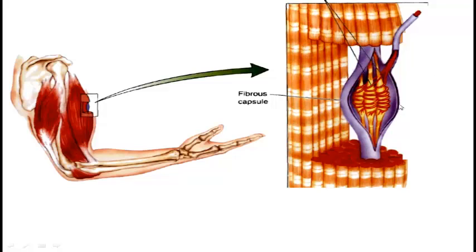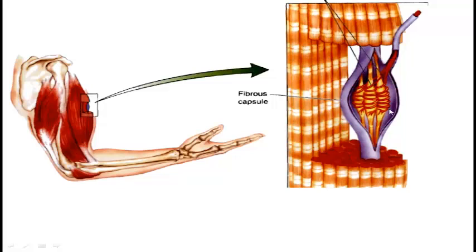The muscle spindle is present in between and parallel to the fleshy part of the muscle. Structurally, it consists of small fibers surrounded by a fusiform capsule. To differentiate the fibers of the muscle spindle from the fibers of the fleshy part of the skeletal muscle, we give them another name.